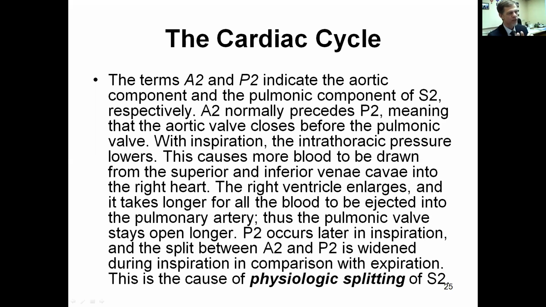A2 normally precedes P2. First, we have closure of the aortic valve, then closure of the pulmonary valve. But again, the distance is very small, and we can't tell that this is two sounds.